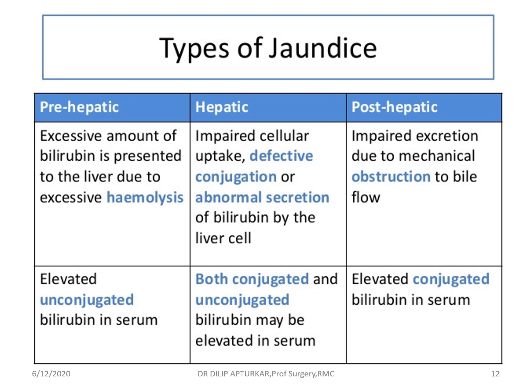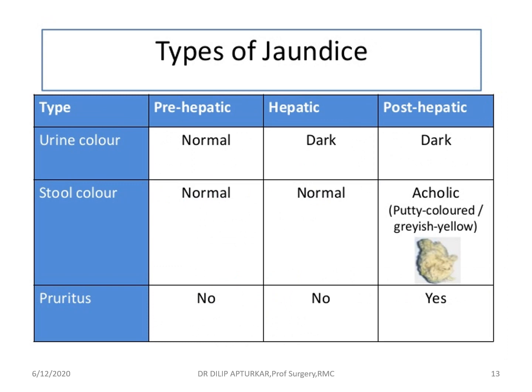In post-hepatic jaundice, you will get impaired excretion due to mechanical obstruction of bile flow, and the bile is conjugated, so we get elevated conjugated bilirubin in the serum. So there is conjugated bilirubin in post-hepatic jaundice.